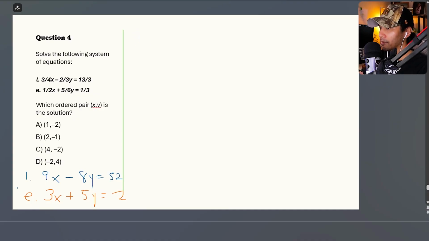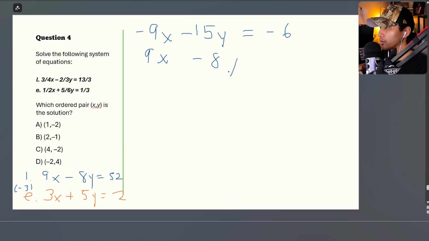Let's go ahead and solve. I'm going to multiply this whole thing by -3, both sides. I'm going to put E on the top just because we're going to be multiplying. We get -9x plus, and that's a negative now, -15y equaling -6. Then we have 9x minus 8y equaling 52.